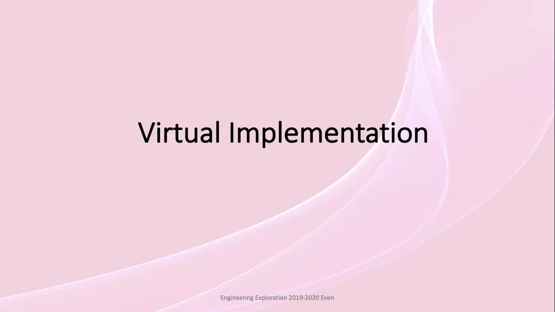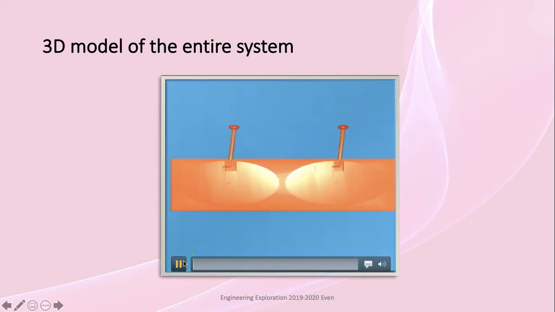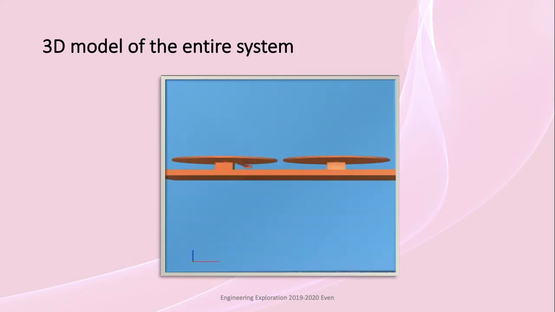Then we moved on to the virtual implementation of our project and designed a 3D model for our system. Here's the 3D model of our system. A rectangular base made up of a foam sheet, to which 2 metal servos are mounted.